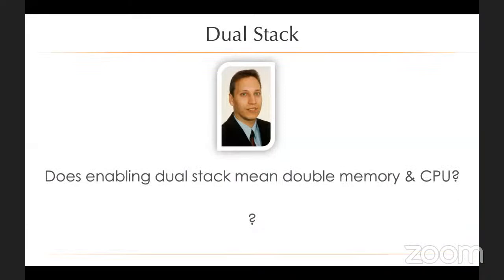So when you enable dual stack, does it mean that you'll be utilizing double memory and CPU from what you have currently? Actually not. Many people believe that dual stack means totally doubling the cost of the memory, resources, CPU, etc. But it's not like that, because you are not sending all the traffic in both IPv4 and IPv6.